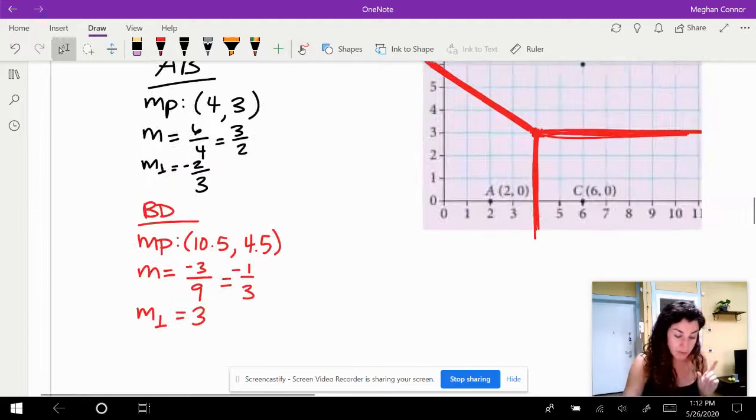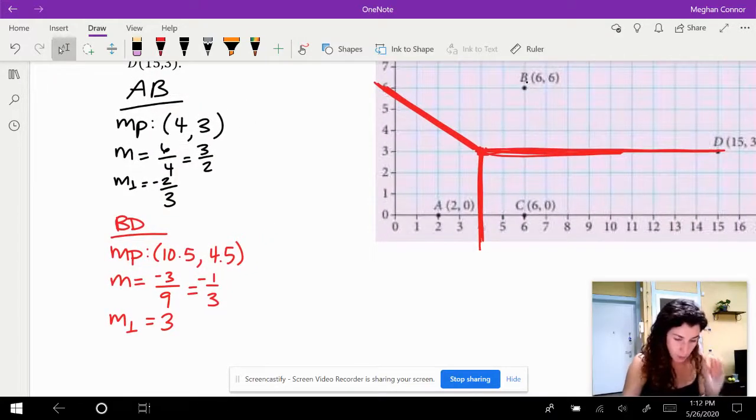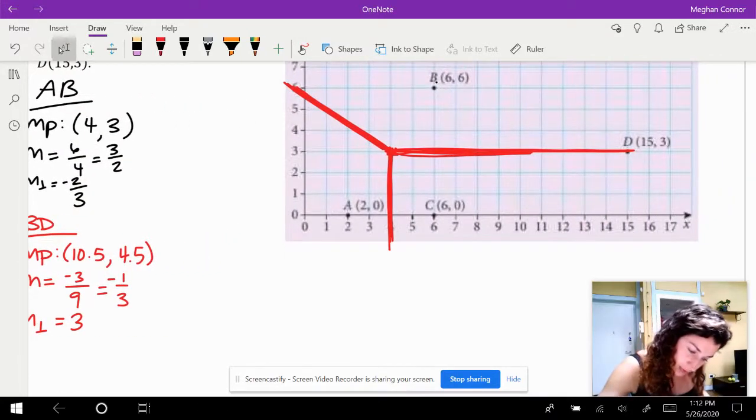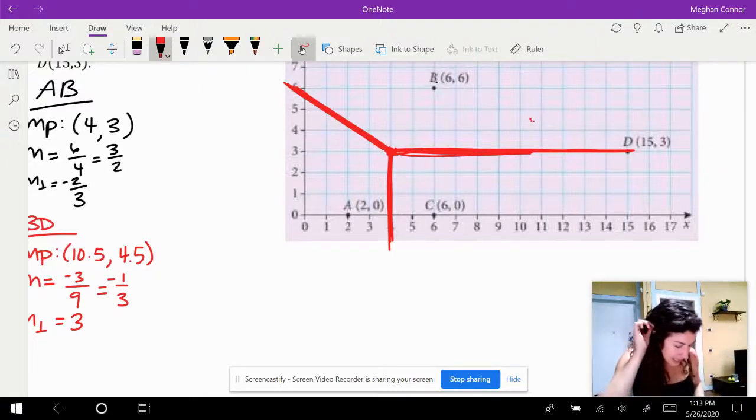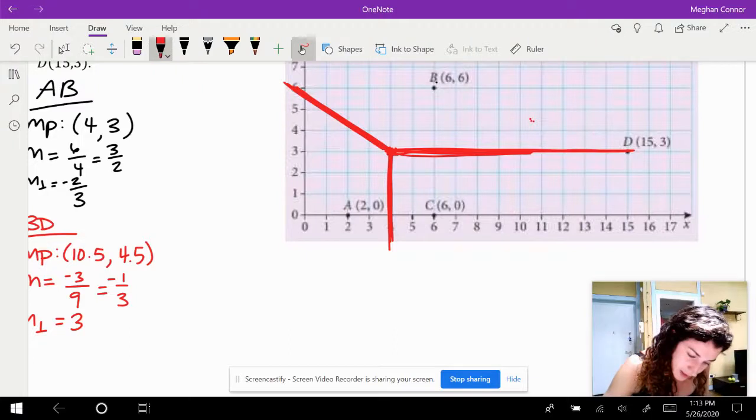So then we go find the point, 10.5, 4.5, is going to be like right there. And then going up 3 over 1 or down 3, 1, 2, 3, back 1.